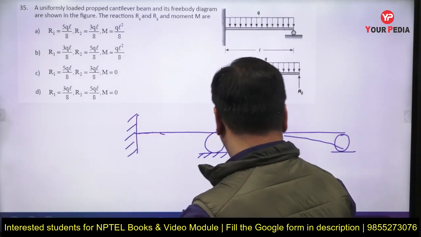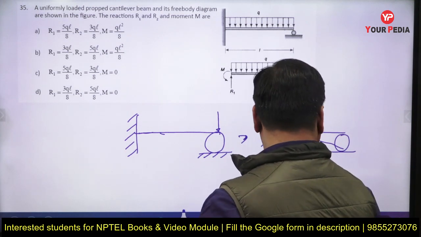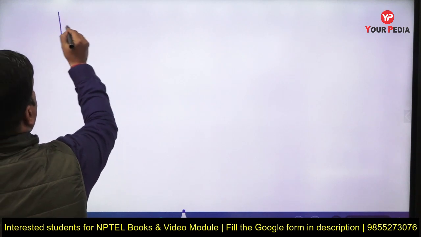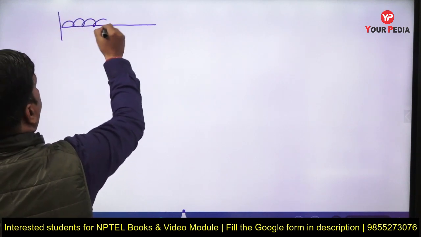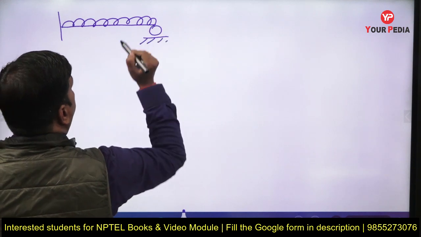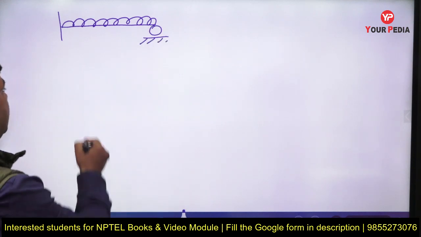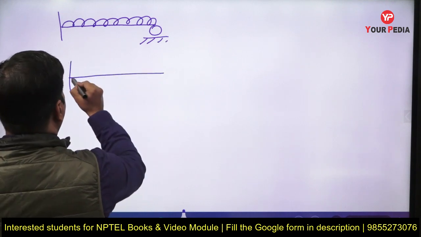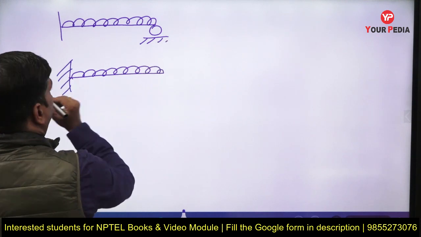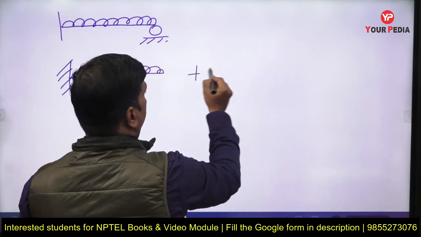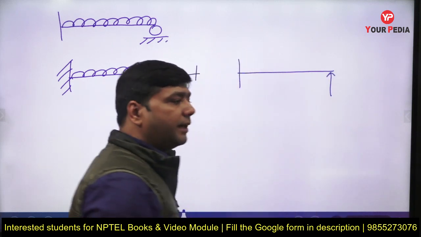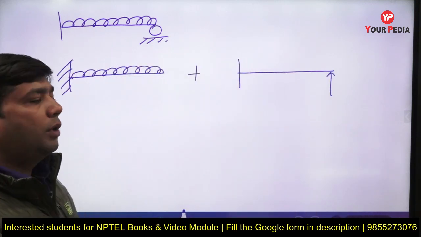We can break this propped cantilever beam into two cases: one is a cantilever beam having UDL, and another is a cantilever beam with a support at its end, subjected to a load at its end.